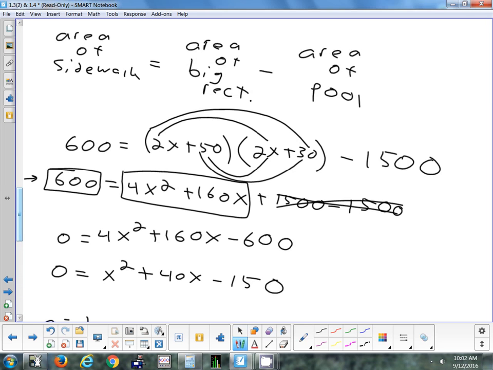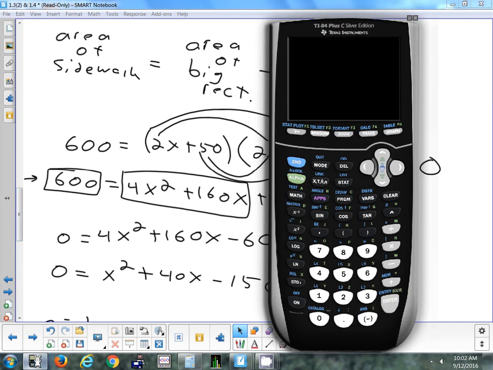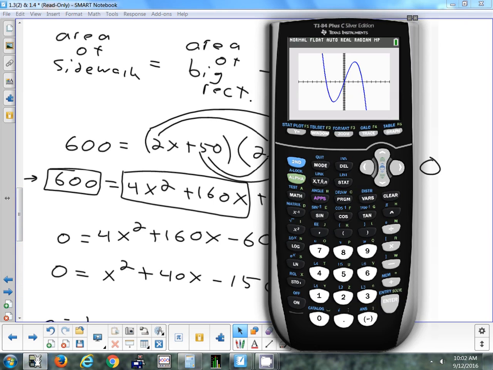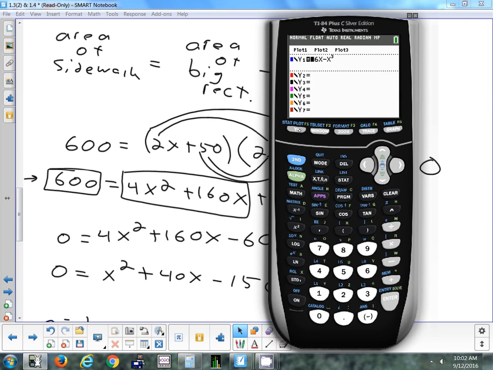Okay, I have 600 on the left, 4x squared plus 160x on the right. Okay, so I'm going to type each of those in on their own line. Here's 600. And then 4x squared plus 160x.